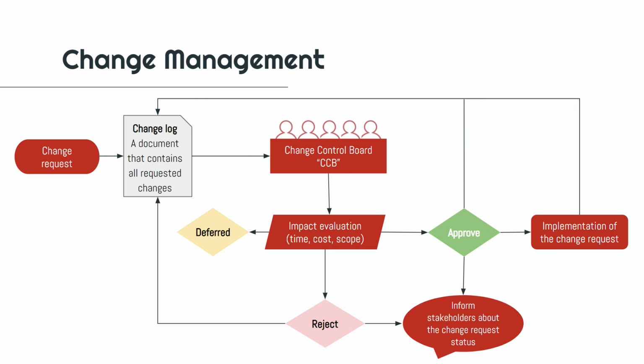They are not accepting it, just deferring it to a later time. So in this case, again, as a project manager, you have to ensure that this decision is updated in the change log, and also communicated throughout the different communication channels with stakeholders, so they will be aware of this decision. This is the whole process for change management.